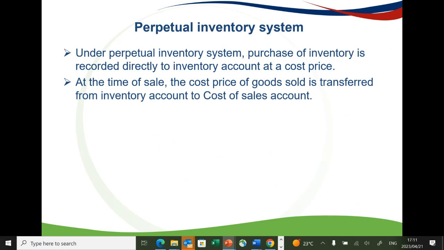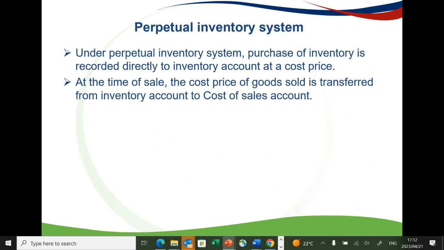But remember that you are recording that inventory directly into the inventory account at a cost price. Then under perpetual inventory system, when you make a sale, the cost price of the goods that have been sold, you transfer it from inventory account to your cost of sales. So when you make a sale, firstly, you record a transaction that recognizes the sale that took place. And number two, we need to update our inventory records by transferring the cost price of the goods that have been sold to your cost of sales account.